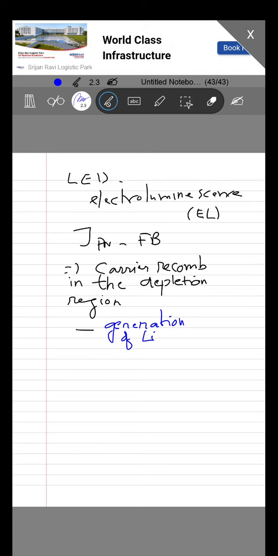So this is how electroluminescence and LED works.